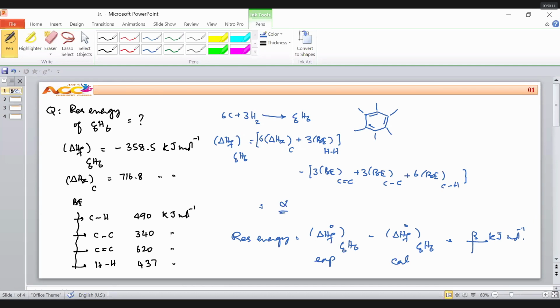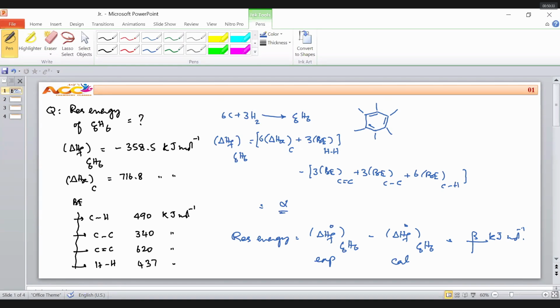Answer is 150 kilojoules, and you should not report the negative. It should come minus 150 kilojoules, and you have to report it as 150 kilojoules with the removal of the negative sign. Saidur Rahman, Muhammad Mustafa, you got the answer. Saidur Rahman, you have made a mistake somewhere in calculations.